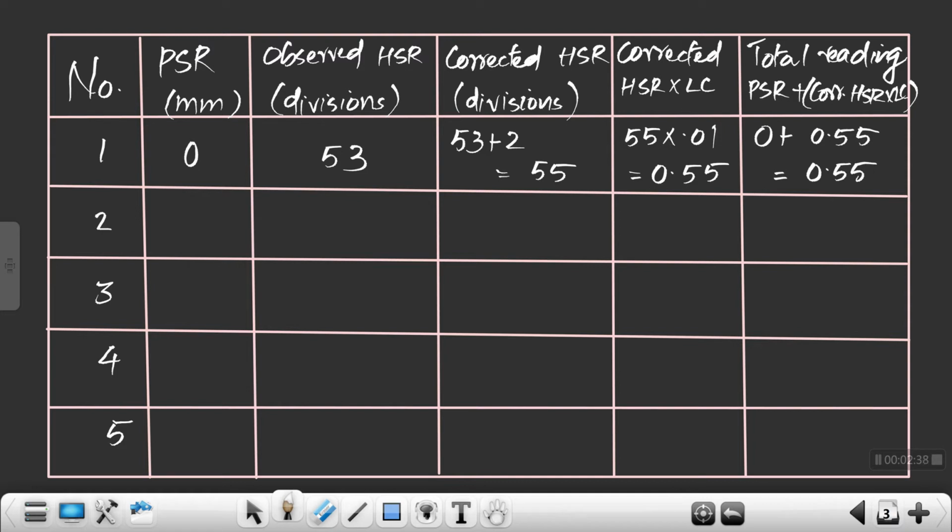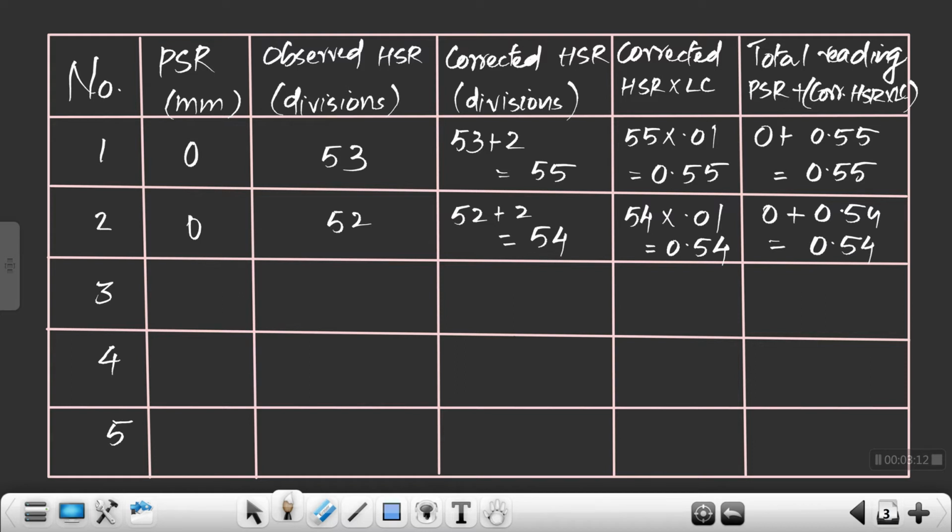Likewise, the second trial, the PSR reading was 0 and the HSR reading was 52. So corrected HSR 52 plus 2, that is equal to 54, and corrected HSR 54 into LC 0.01, that is equal to 0.54. So the total reading PSR plus corrected HSR into LC, that is 0 plus 0.54, that is equal to 0.54 itself.